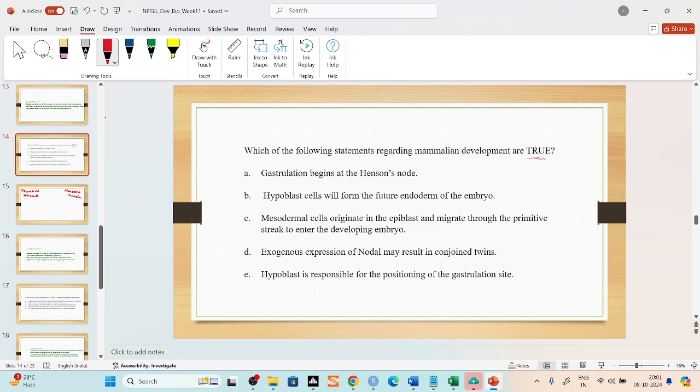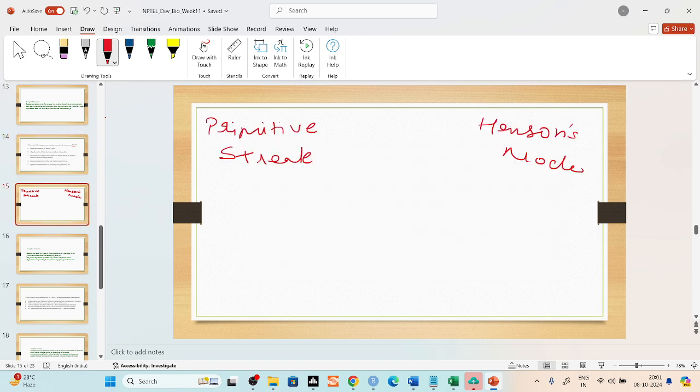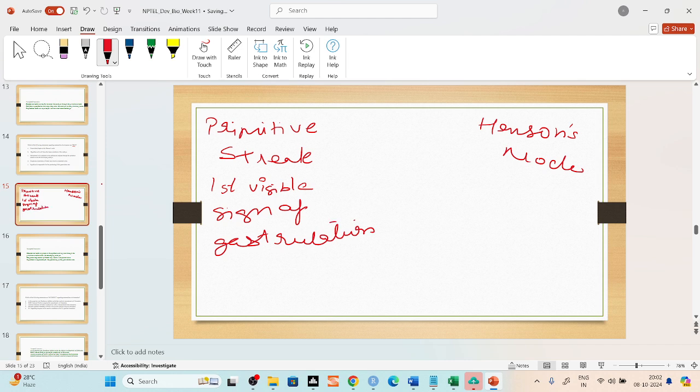So that means, what difference we can say, is that primitive streak is the first visible sign of gastrulation, and therefore it defines your medial-lateral axis and your rostrocaudal axis.